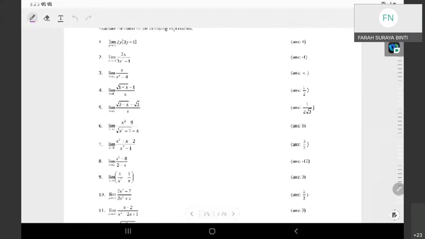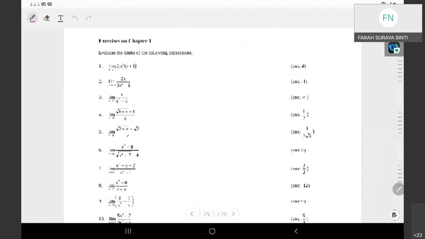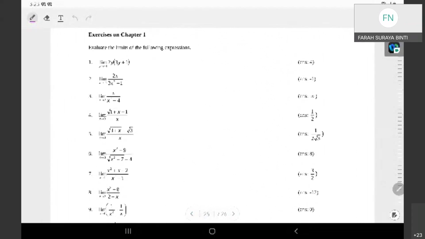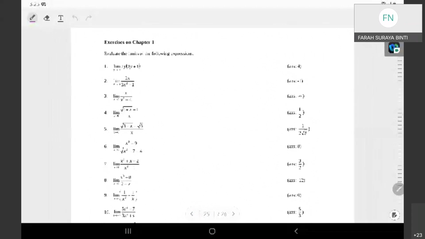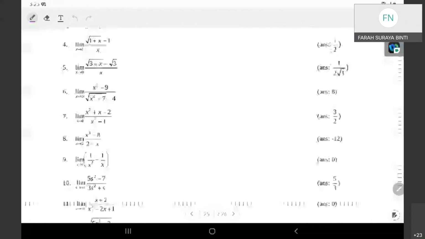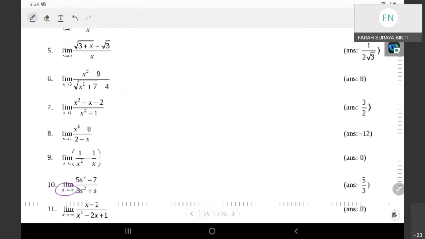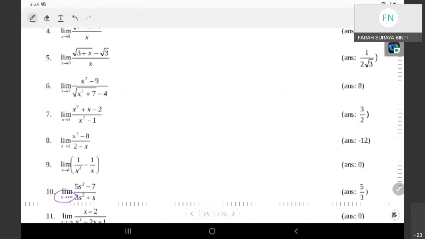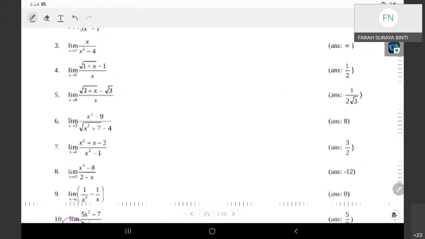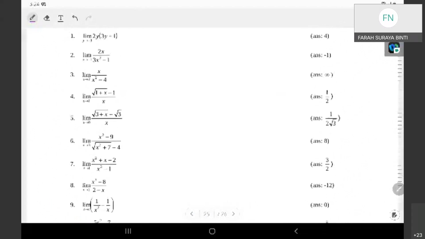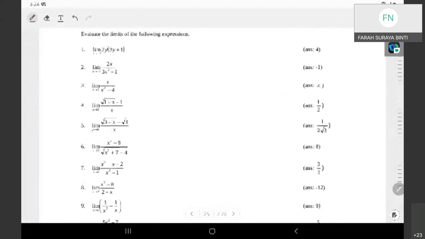Okay, saya nak you all buat soalan 1 sampai 9. 10 tak boleh buat lagi sebab soalan dia limit at infinity. Kat sini ada infinity. So yang kita baru belajar soalan 1 sampai 9, you all try buat. Dan kita akan bincang dalam tutorial kelas.